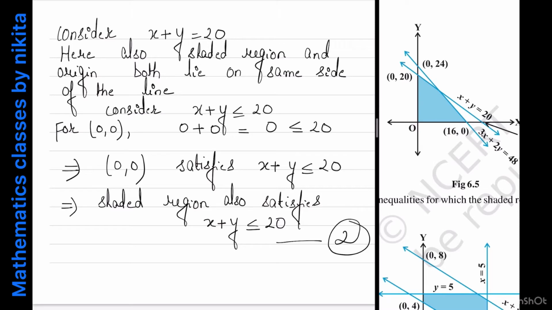If I write only these two inequalities, that is 3x plus 2y less than or equal to 48 and x plus y less than or equal to 20, this is not the solution of this question. So we have to put two more inequalities, which are that x should be greater or equal to 0 and y should be greater or equal to 0.